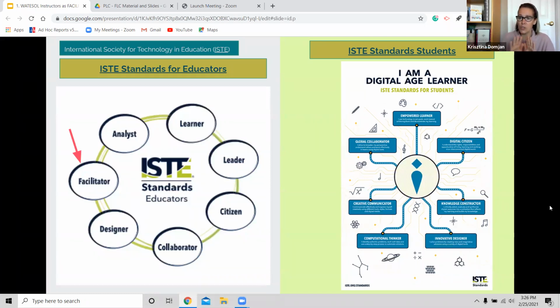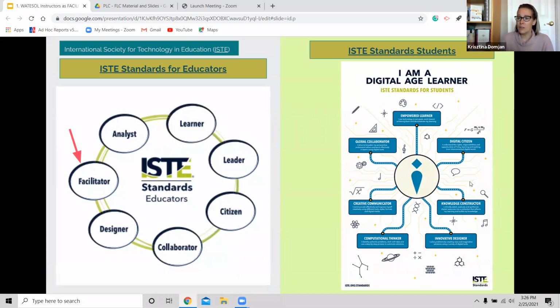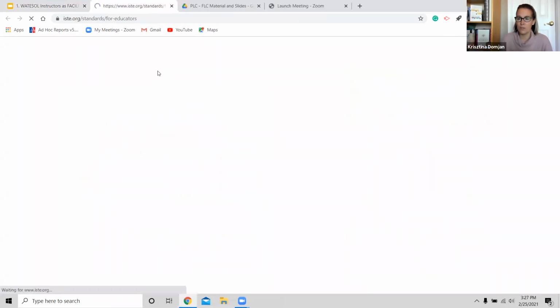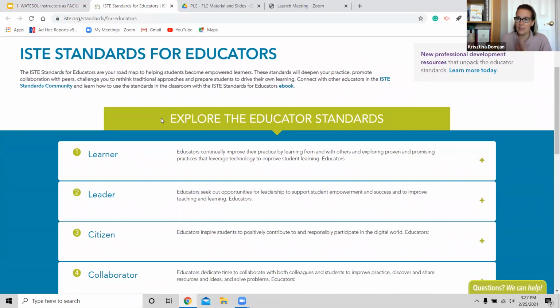All right, so what I'm showing you here is basically the ISTE standards for educators. So you can see the image listing all the standards, and also the ISTE standards for students. What I would like you to do is probably spend about 10-15 minutes clicking on these links and going to the standards themselves and reading each standard.